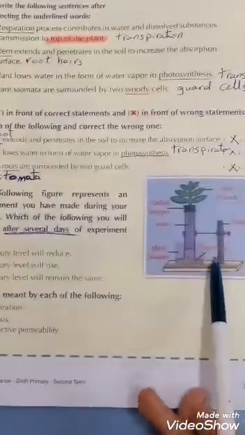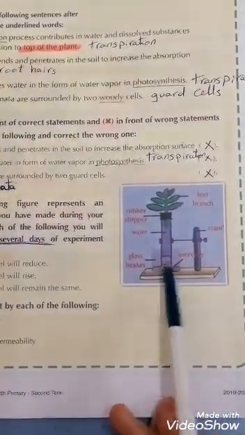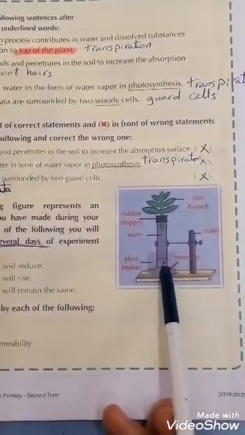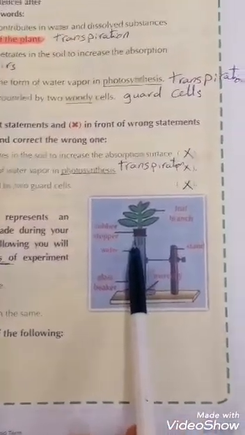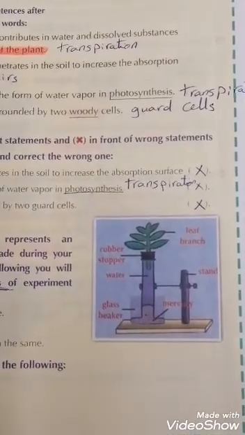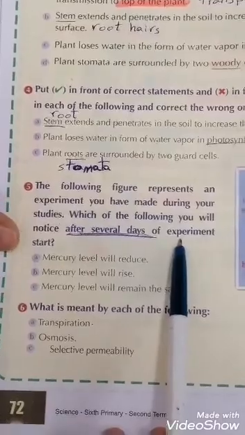Next question and the last. It is an experiment. In this experiment, we have a jar containing mercury and a plant leaf. Which of the following will you notice after several days of the experiment?